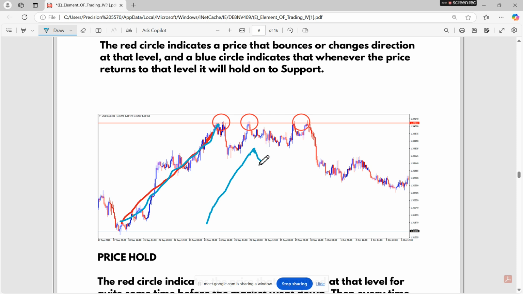If sellers manage to push this market down, they will have created a resistance for future selling opportunities. They will have dominated that area, taken over that entire zone. So when the market comes up again to that zone, they have to push the market down because they have already taken over this area.